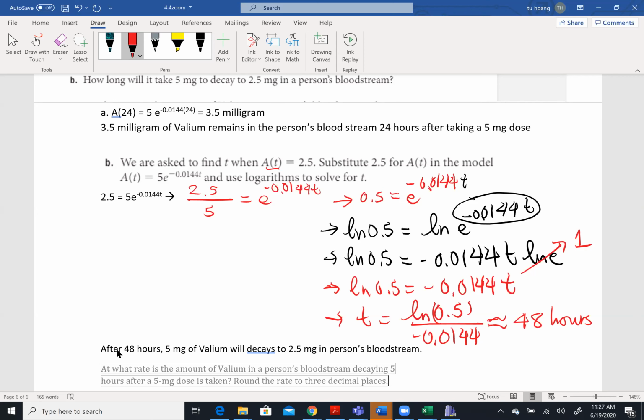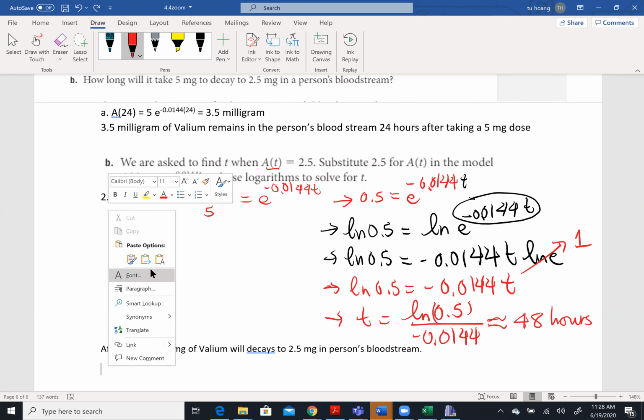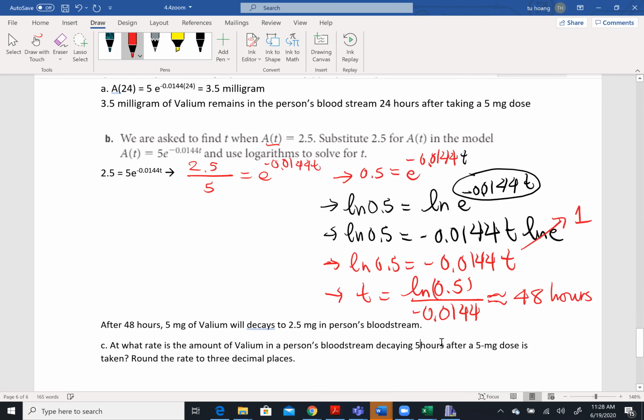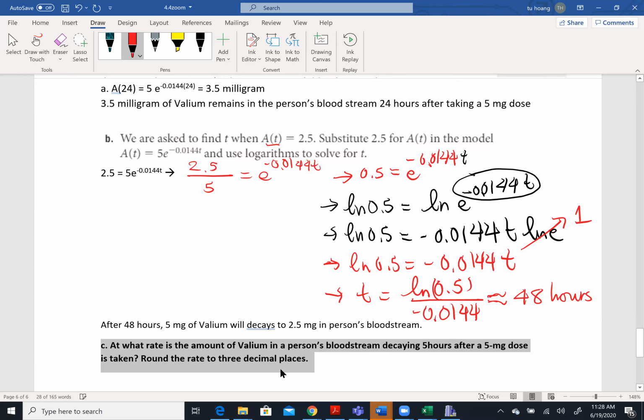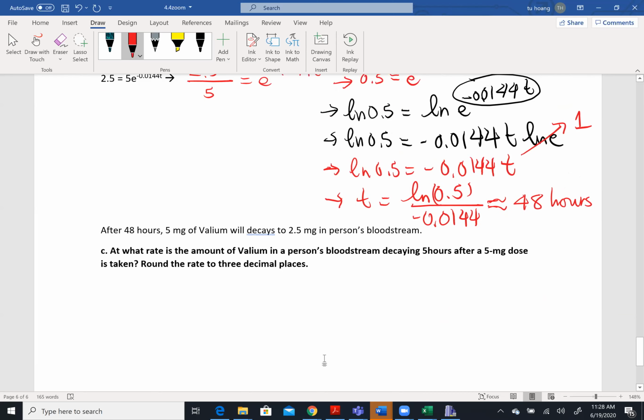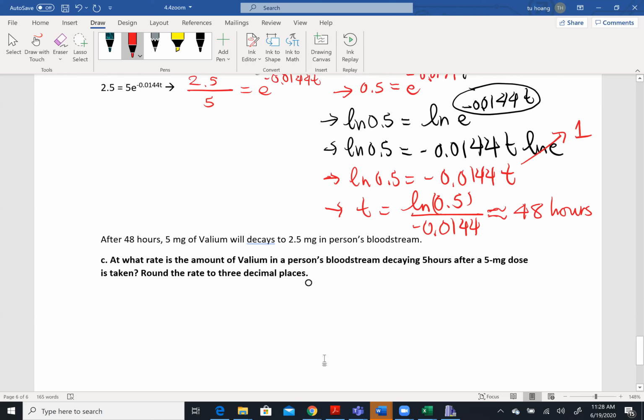Lastly, problem C. At what rate is the amount of Valium in the person's bloodstream decaying 5 hours after a 5 milligram dose is taken? Round the rate to the 3 decimal place.